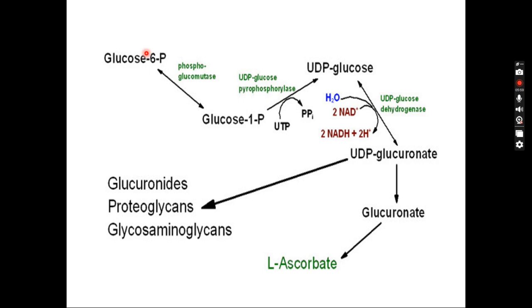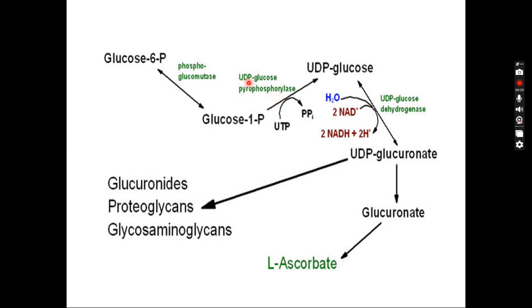This glucose 6-phosphate is acted upon by the enzyme phosphoglucomutase, and it gives us the molecule glucose 1-phosphate. So it transfers the phosphate group from the 6th position to position 1, and we have glucose 1-phosphate.